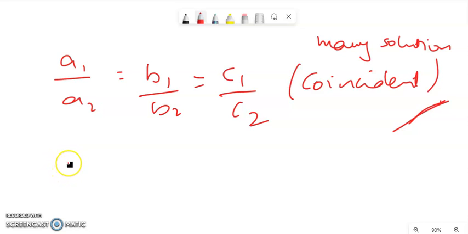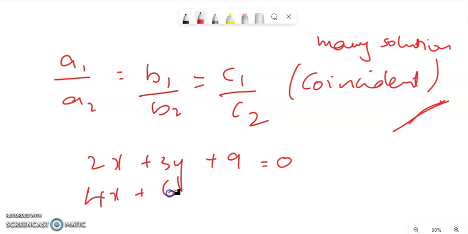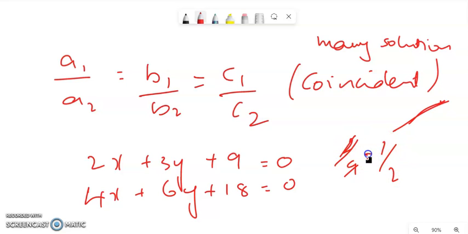Let me give you an example: 2x plus 3y plus 9 equal to 0, and 4x plus 6y plus 18 equal to 0. Just observe, a1 by a2 is 2 by 4, that is 1 over 2, as in the previous example also. Here b1 by b2 is 3 by 6, that is also 1 over 2, and c1 by c2 is 9 by 18, that is also 1 over 2.